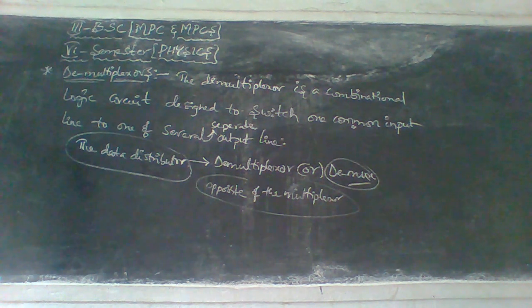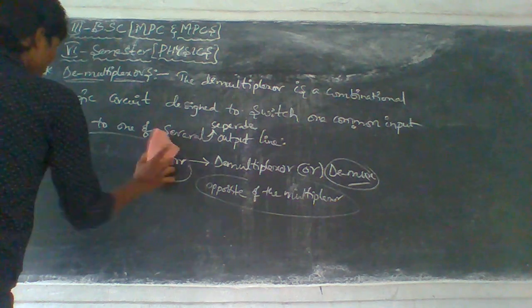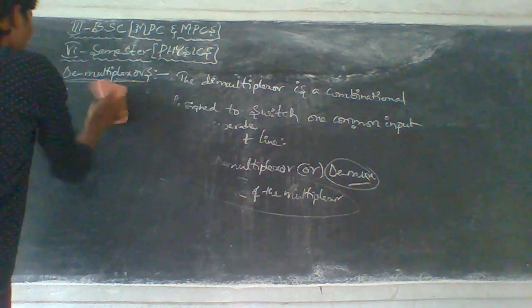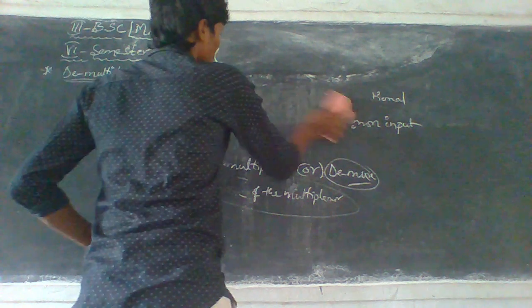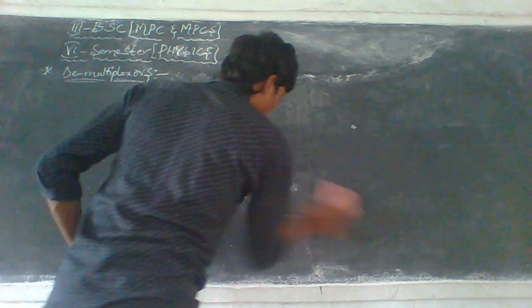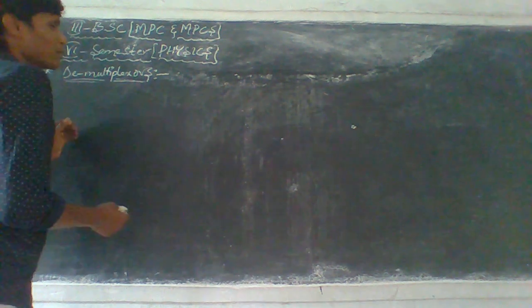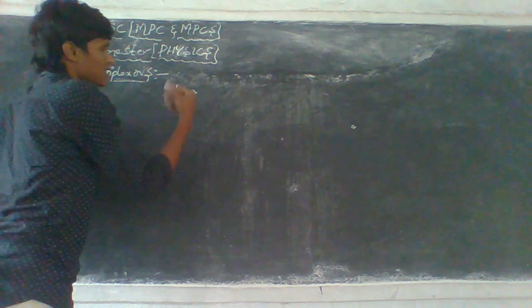Then we can see the general representation of the DMUX. We will discuss the general representation, or circuit configuration, of the demultiplexer: one input line to several output lines.